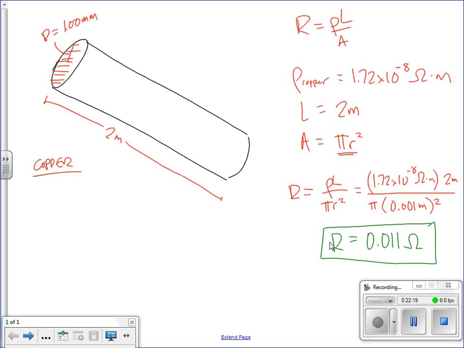So, you know, that's not nothing, right? You were working with resistances of like 5, 10, and 25 ohms. This is 1/100 of an ohm, which is small, but it's not 0, right? That's probably a pretty normal wire, 6 feet long or so, normal size wire, has some resistance, okay? In most problems that we solve that have to do with actual circuits, we'll forget about the resistances of wires.